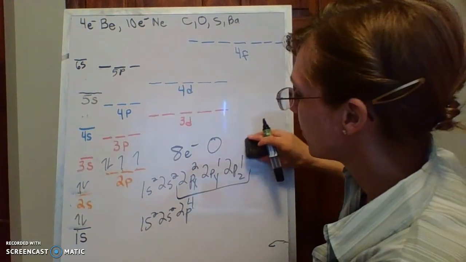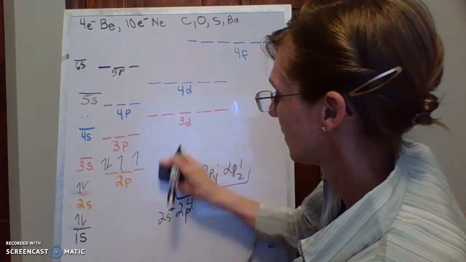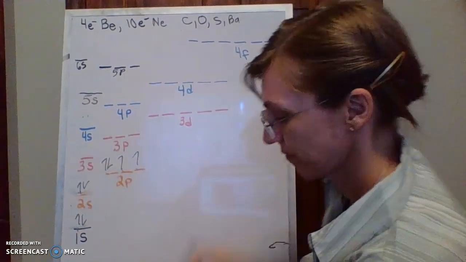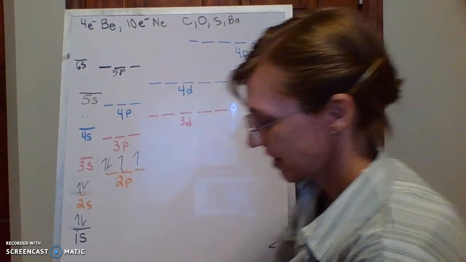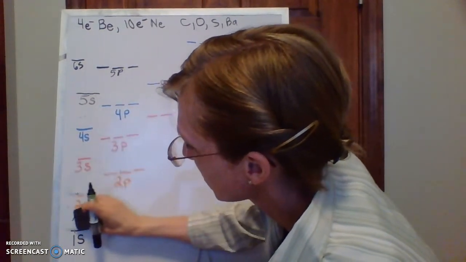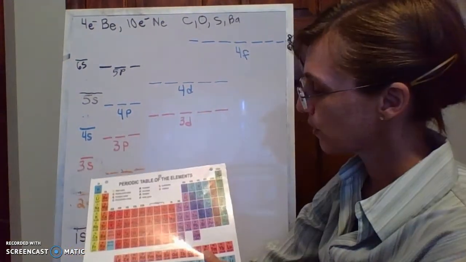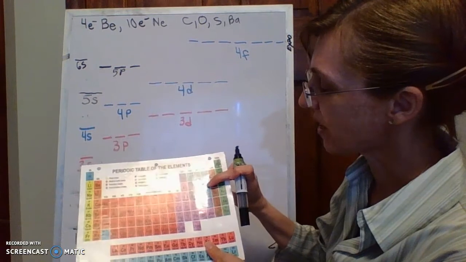Let's go ahead and do sulfur. Erase our whiteboard here. Now sulfur on the periodic table is right under the oxygen.